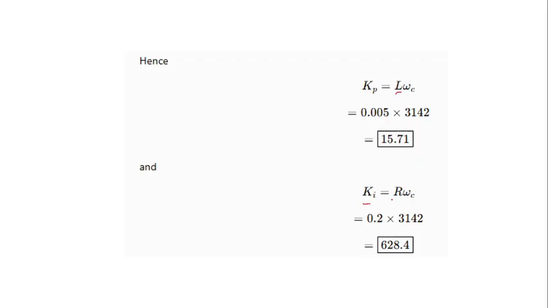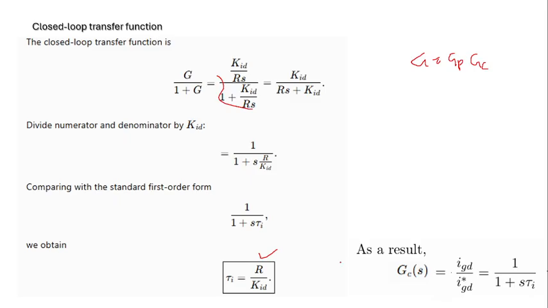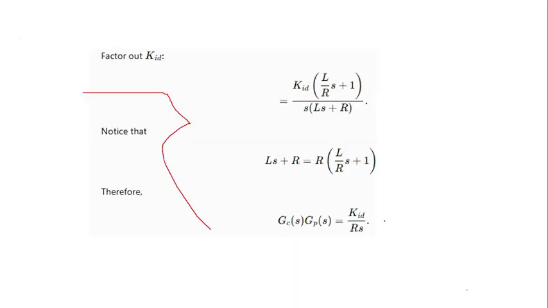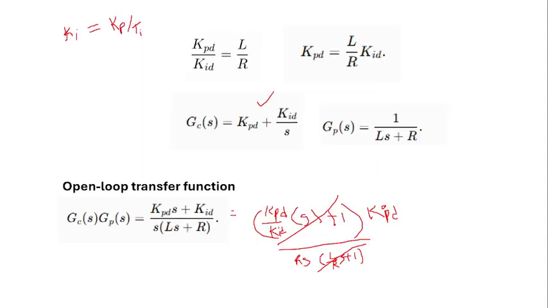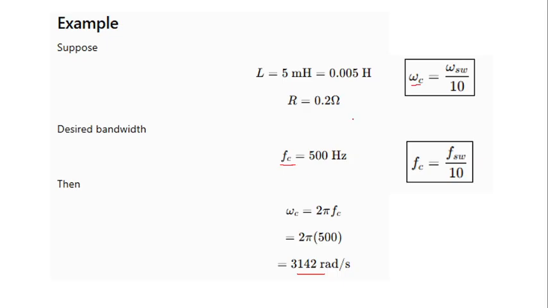So Ki can be obtained from this relation R omega C. Or we can take this relation Kpd equal to Kid into L by R. We know L and we know R. Here using this we can estimate Kid equal to R by Ti, where Ti is considered like this.